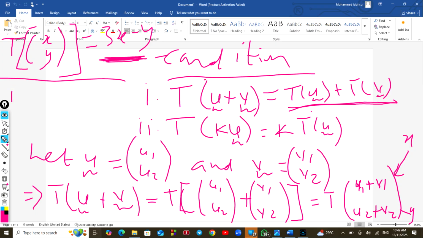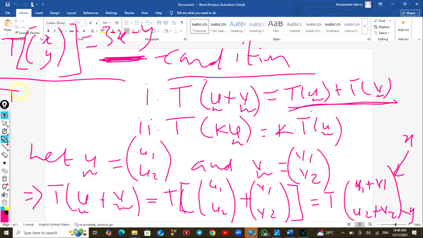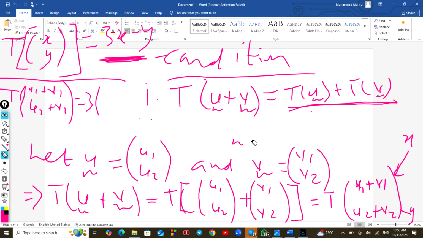So the transformation of (u1 plus v1, u2 plus v2) will give us 3 multiplying, so note we are dealing with the first condition.